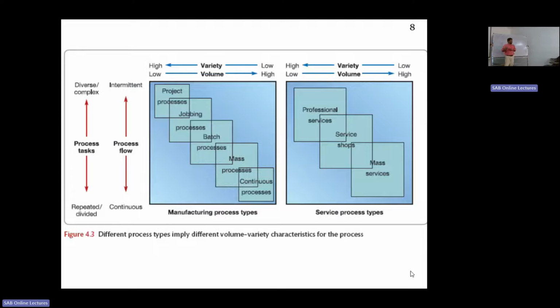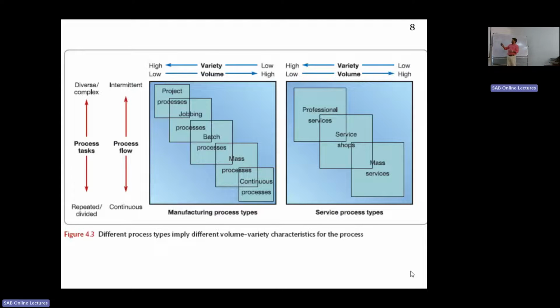Let's discuss them quickly, identify a few examples and finish it off. The first one is what we call professional service processes. When you write answers in the exam, you'll have to use these terms. So what do we mean by professional service processes?